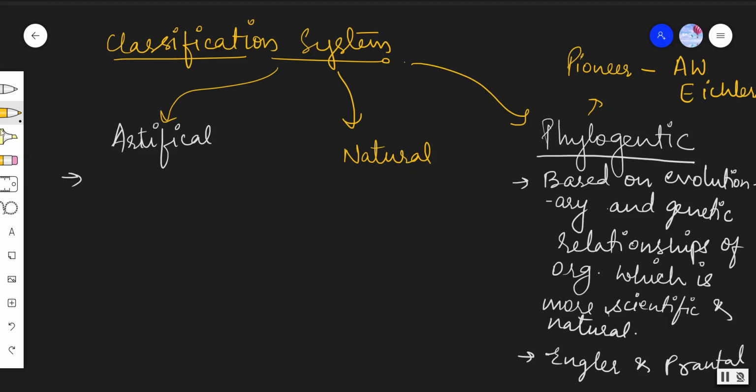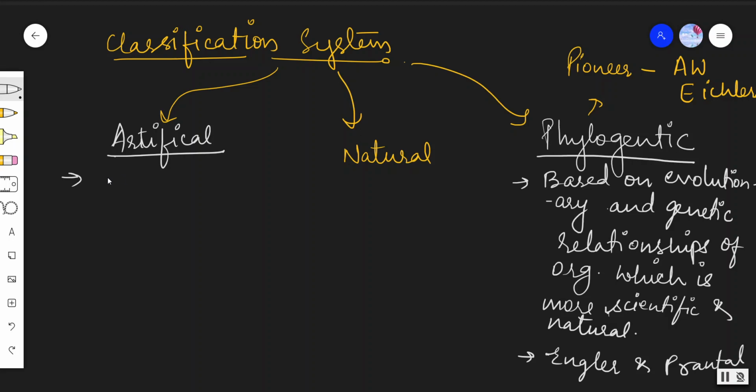Now I should come to the next one. I was going to explain the artificial system first, but because of the term phylogenetic, I need to explain that first. So the phylogenetic system is the evolutionary and genetic relationship.